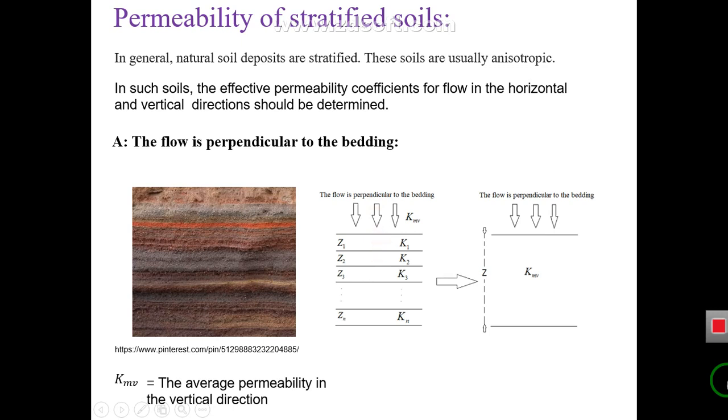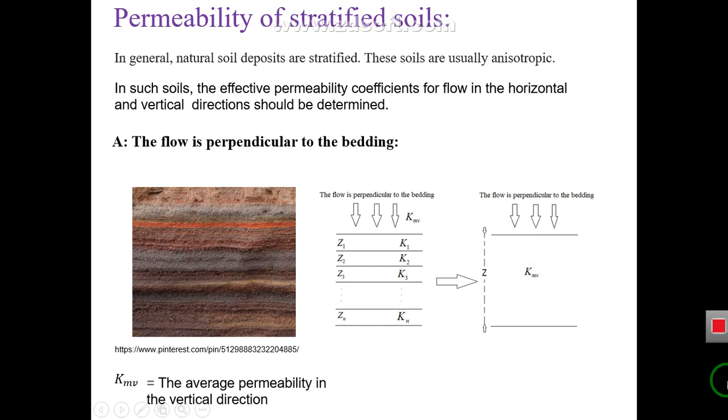Here it is necessary to define an average vertical permeability named Kmv for the medium. After determining this permeability, one may say that our medium only consists of one layer with a thickness equal to the sum of the thicknesses of layers and with a permeability equal to the average vertical permeability.